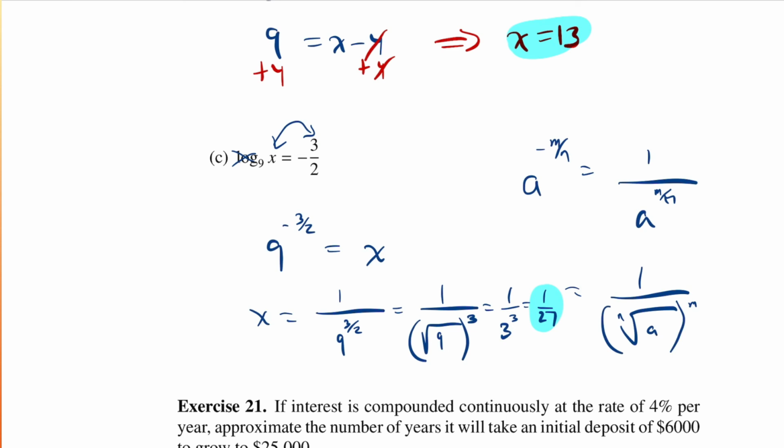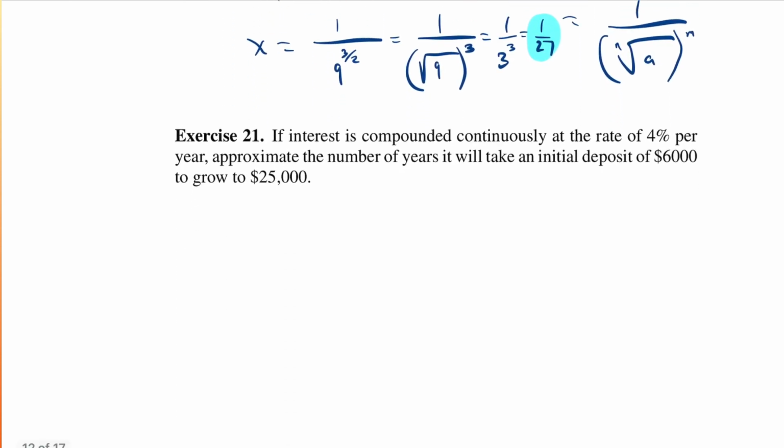The final question for this section says if interest is compounded continuously. Continuously is our key word. That means we're using this formula from the previous section at a rate of 4%, so that's 0.04.